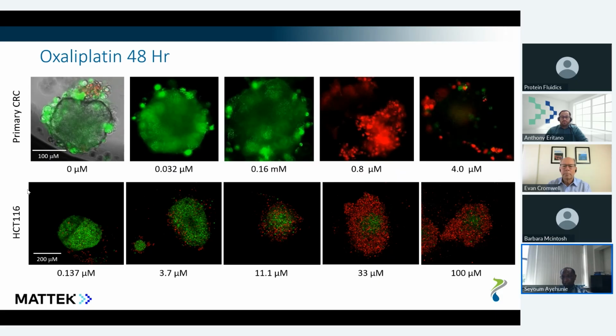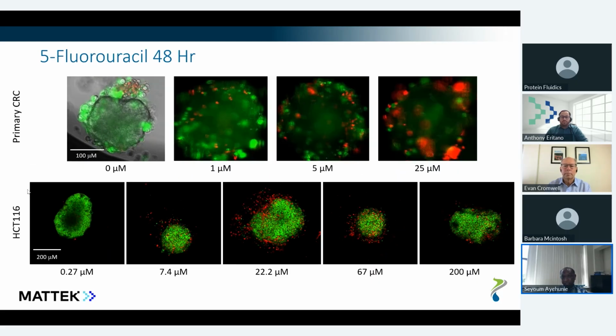But if you look at the cell lines, they are more resistant at 11.1 micromolar. So that is almost about 10-fold lower sensitivity in the cell lines than the primary cells. So whatever you are predicting in the cell lines may change the human responses in terms of toxicity. Next slide, please.